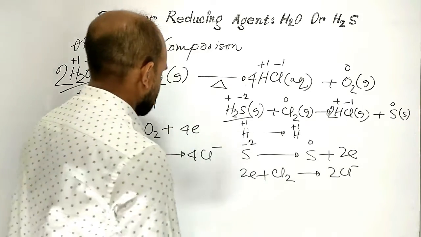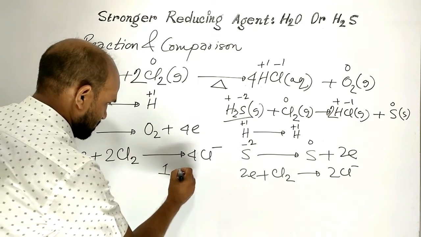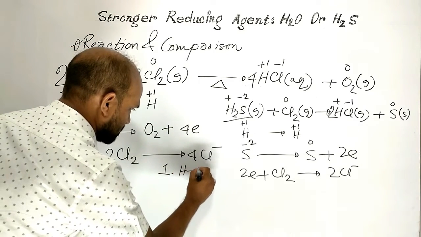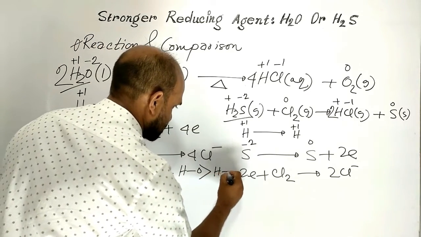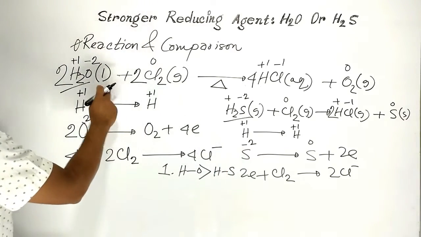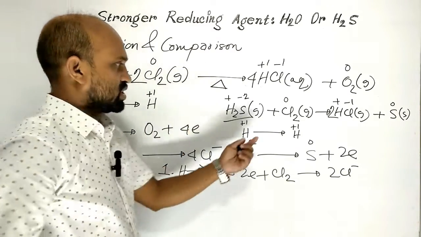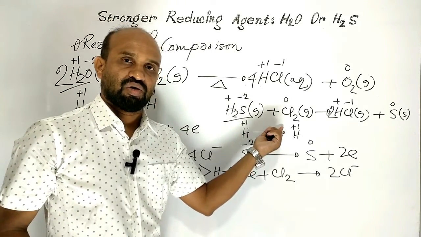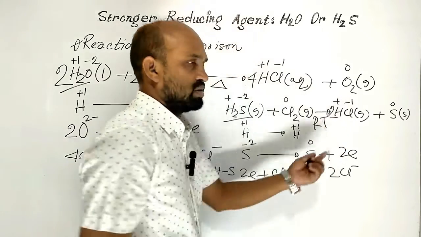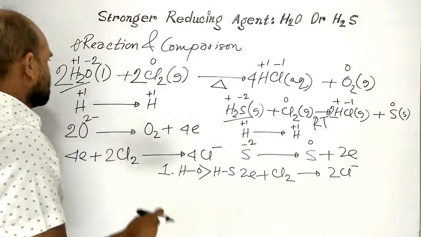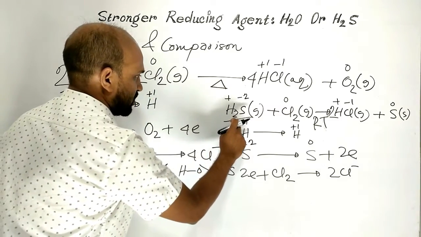Here, there are 2 points. One is bond strength, that is, hydrogen-oxygen bond is a stronger bond than hydrogen-sulfur bond. That is why to occur this reaction, heat is required, but this reaction occurs at room temperature because hydrogen-oxygen bond is a stronger bond than hydrogen-sulfur bond.